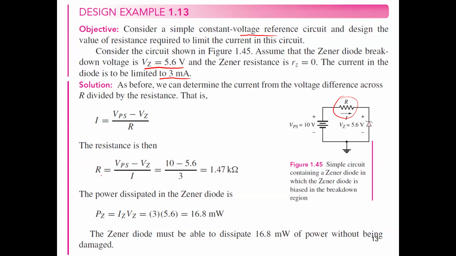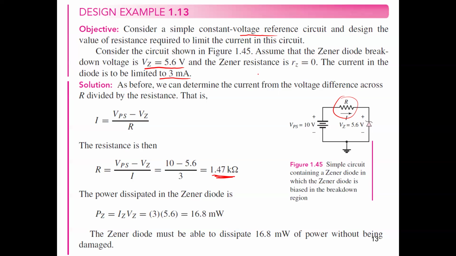So R equals V power supply minus VZ divided by I. So 10 volt minus the Zener volt, which is 5.6, divided by 3 milliamperes. The value of the resistance is going to be 1.47 kilo ohms. So this means if we add a resistance of 1.47, the current will be limited to 3 milliamperes in this Zener diode.